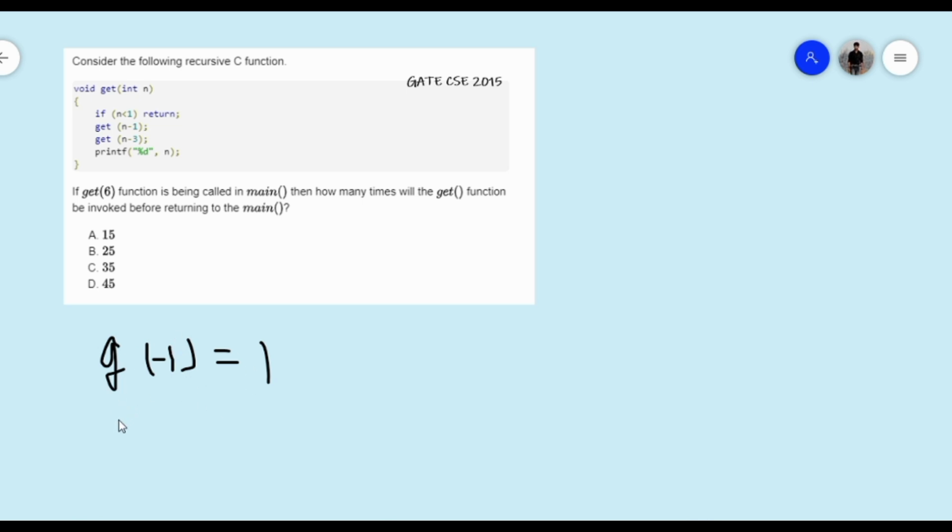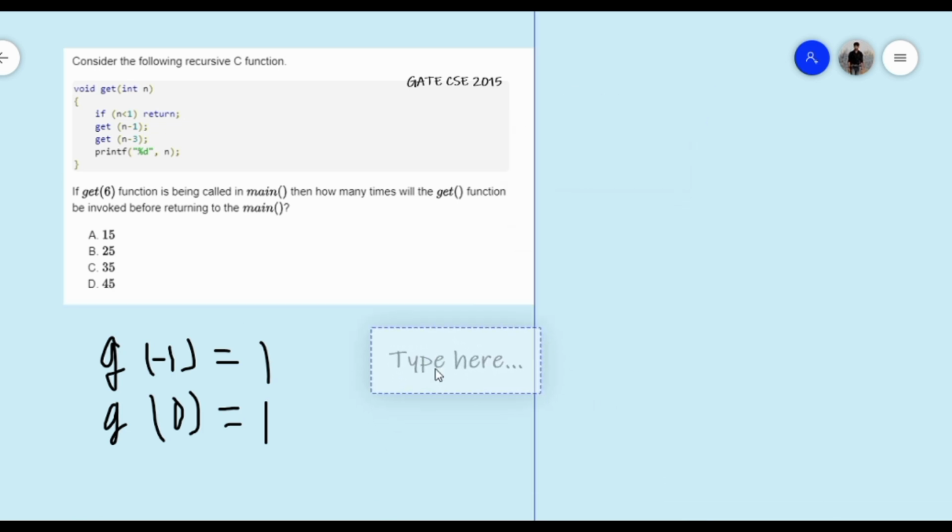Now if this is called for g of 0, then also it is invoked only one time. And now if it is invoked for g of 1, then how many times is this function called?